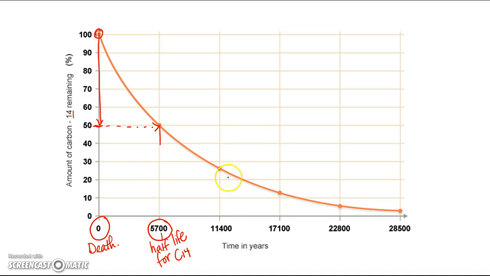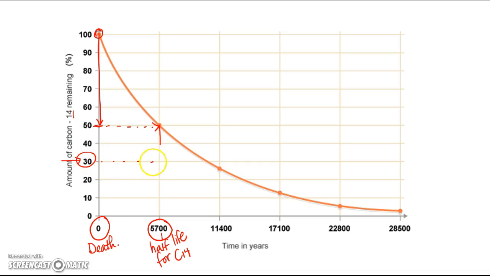Okay, so let's say we found a fossil, a piece of bone, a piece of whatever, and we found that it had, let's say, 30% of its carbon remaining. So we wanted to know how old is it? So we put it in a machine, and the machine says there's about 30% of its radioactivity remaining.